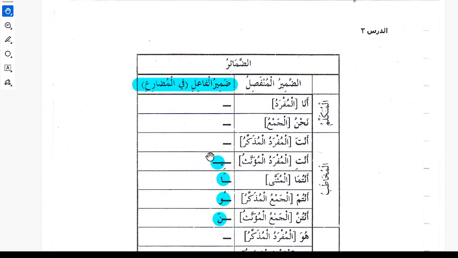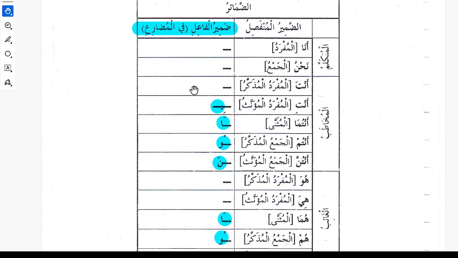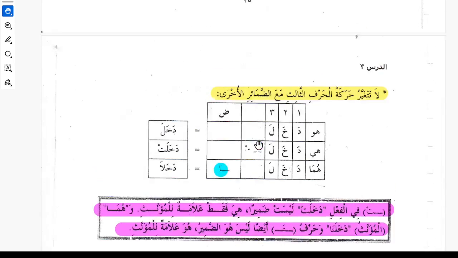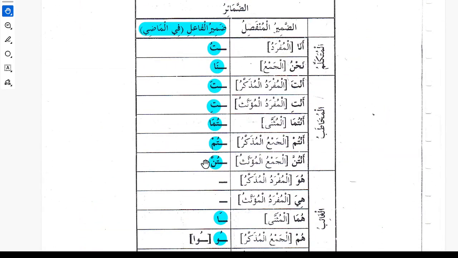Now, just like the past tense, there are also some pronouns of the file, similar to the past tense. If I show you here, except hiya, huwa and hiya, everyone has their own pronoun.